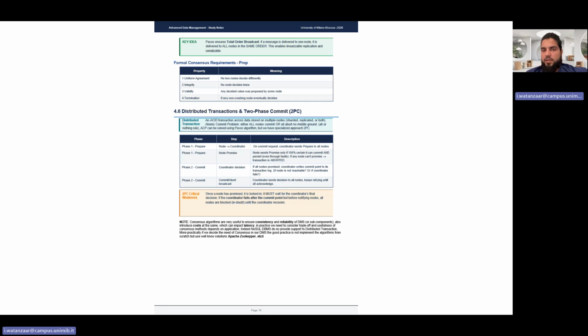Then we discussed distributed transactions, which are quite common in two-phase commit, the critical weaknesses of two-phase commit, and finally the consensus decision and the existing solutions for choosing a consensus algorithm.